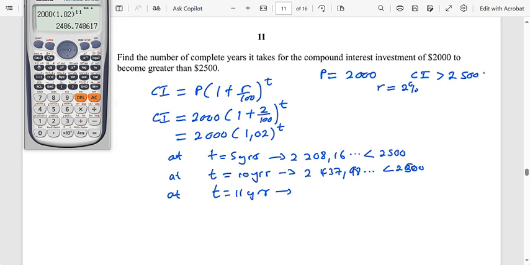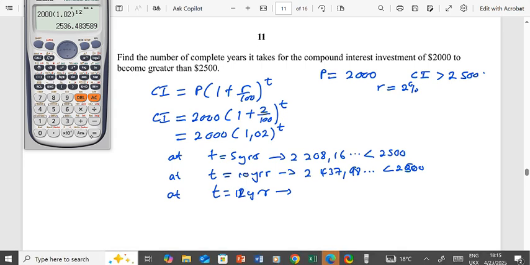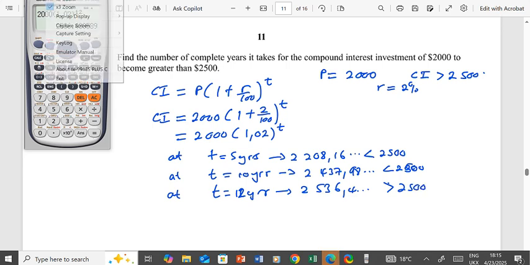Still less than. So at this stage, we then try again on our calculator. We add another year, which is 12. So at T equal to 12 years, we have surpassed 2,500, which is greater than 2,500.